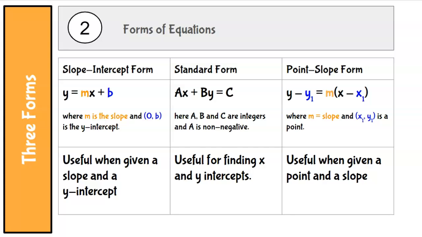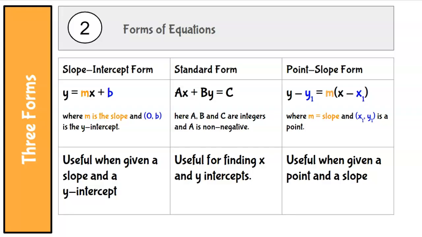Why do we need three forms? Well, because they're all good at something. Each one of these gives us a different piece of information, and you should be able to pick which one you need based on the information you're given in a problem, or maybe what you want to do with the information that you get from the equation.